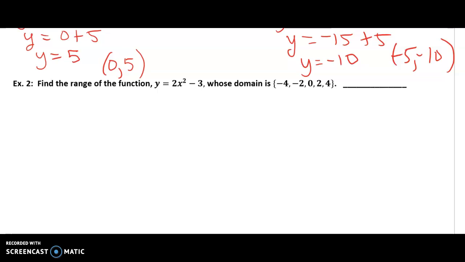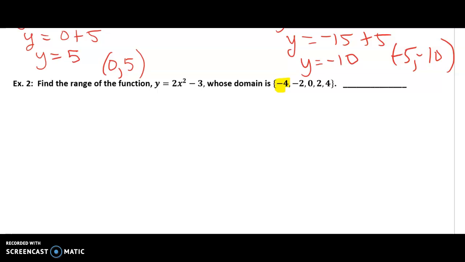Now example number 2 says find the range of the function y equals 2x squared minus 3, whose domain is these 5 values. What we're going to do is take every one of those domain values, plug it in for x, evaluate, and find all the respective y values.